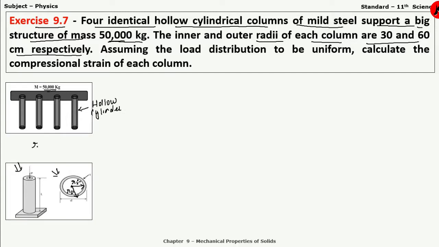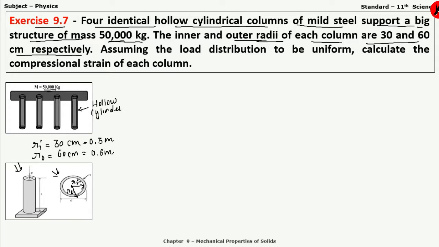Inner radius Ri is 30 centimeter, which in meter becomes 0.3 meter. And outer radius Ro is 60 centimeter, which in meter becomes 0.6 meter.